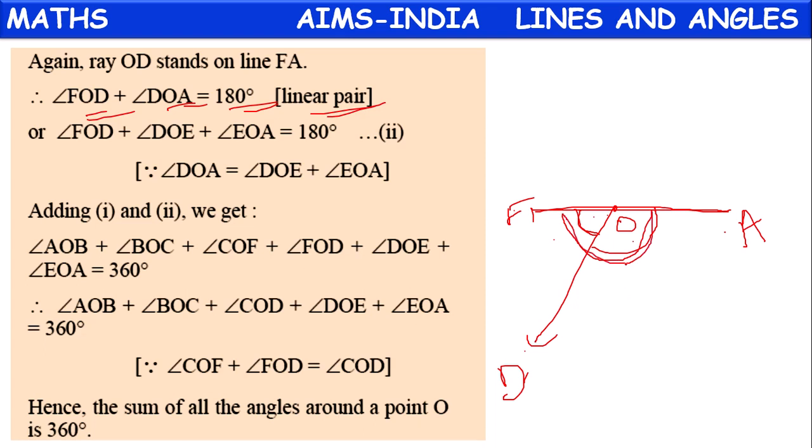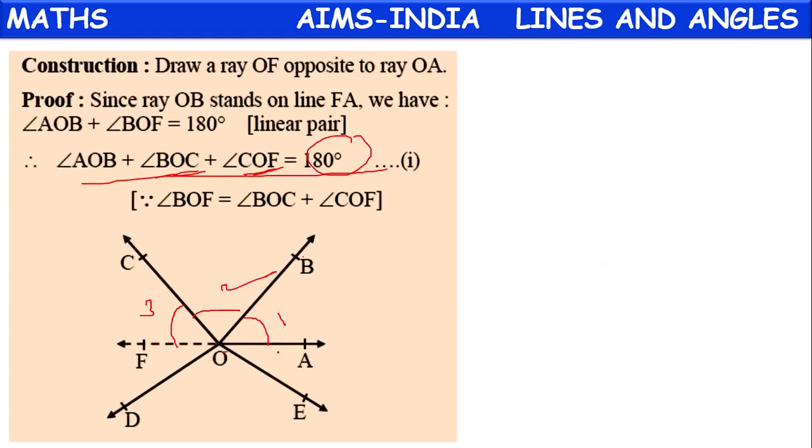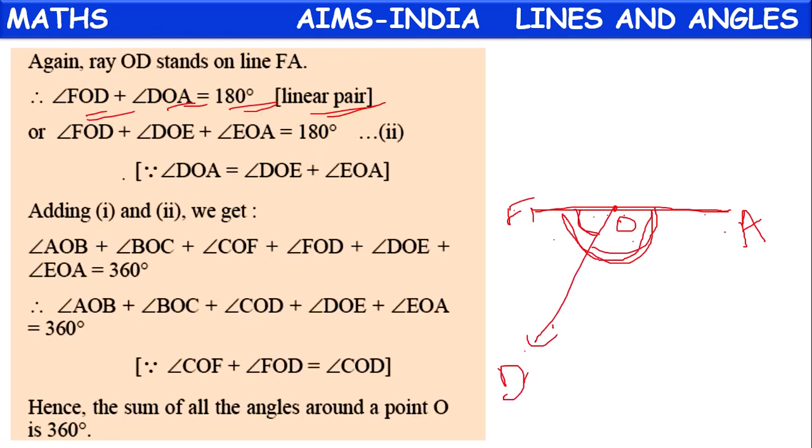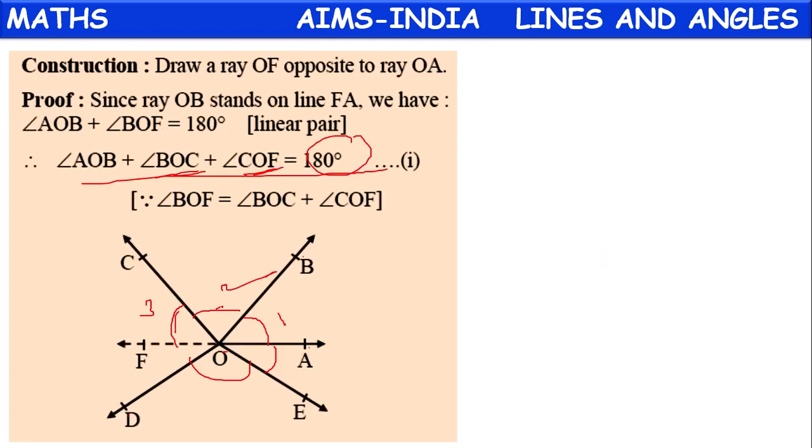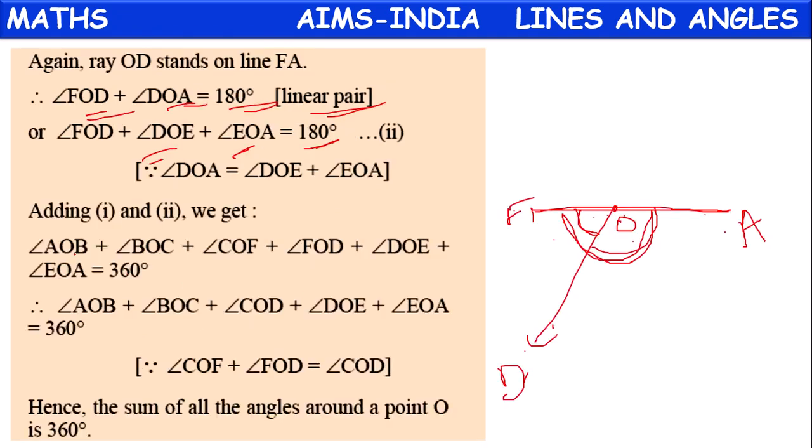But this DOA is a part of DOE plus EOA. So the upper part, three angles, is 180 degrees, and the downside part, the other three angles, also sums to 180 degrees. If we add all, it will be equal to 360 degrees.